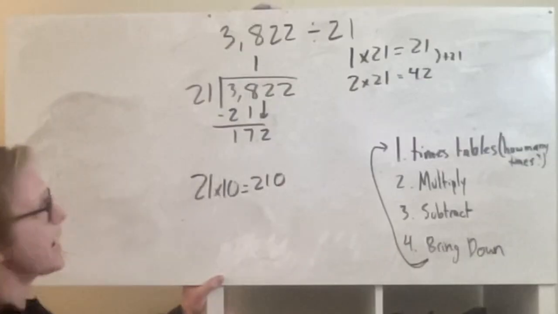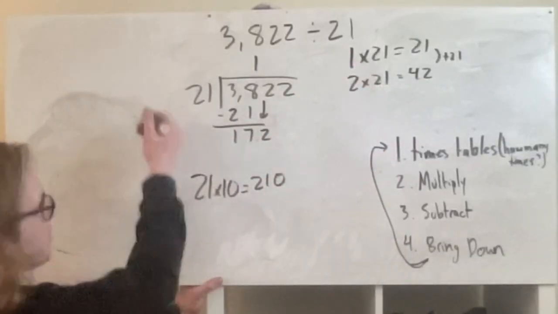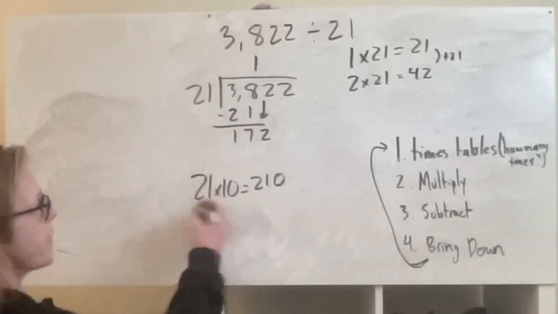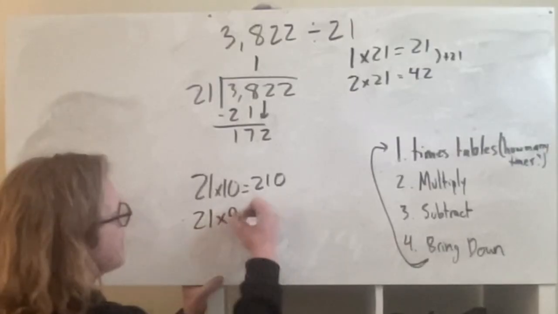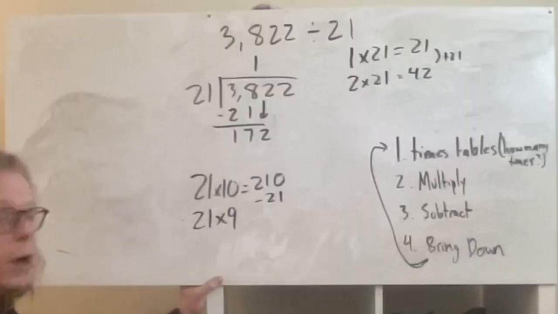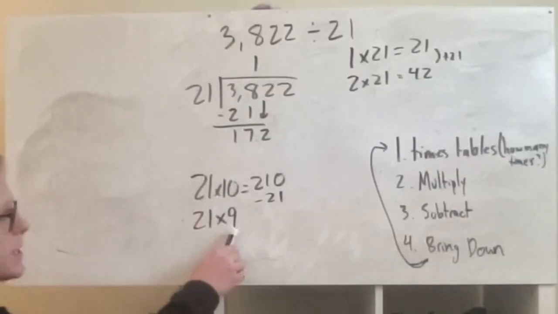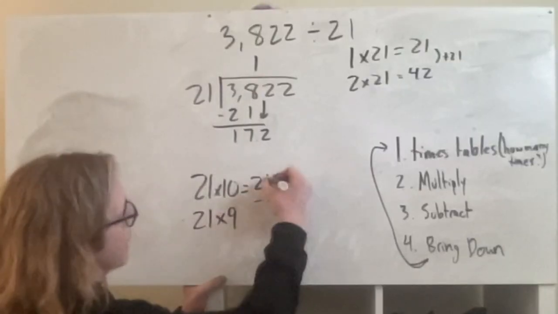So instead of counting up, right, or just randomly guessing and then doing the multiplication out, I can jump right to 21 times 10. And then how can I go from there to 21 times 9? Well, I just subtract a 21, right? We're going from 10 groups of 21 to 9 groups of 21. So I have to borrow.